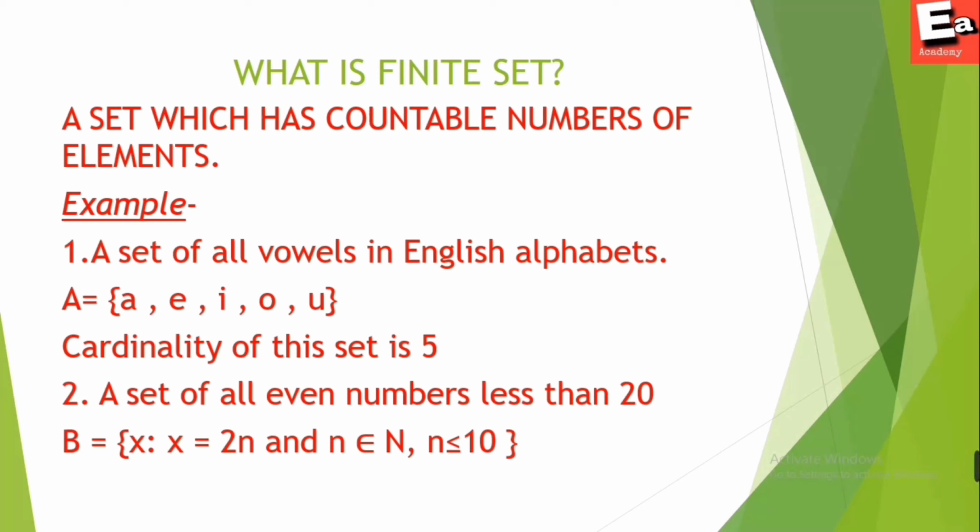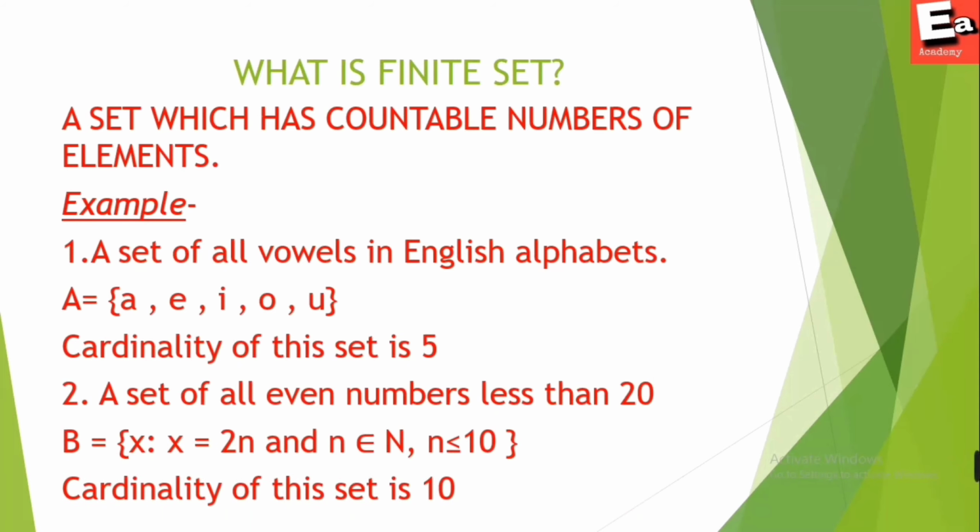Because we all know that 2 multiplied by 10 is 20. So the value of n can be at most 10, right? Then only you can get the set of all even numbers less than 20. So you have to be very careful while writing this set in set builder form. Now there are 10 even numbers between 0 and 20, so the cardinality of this set is 10.